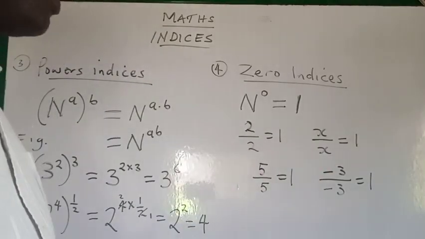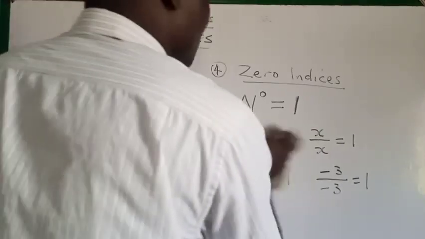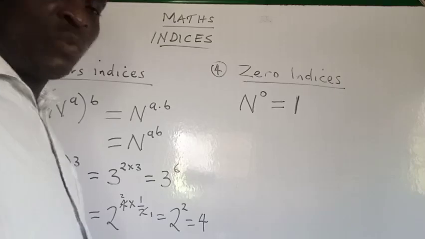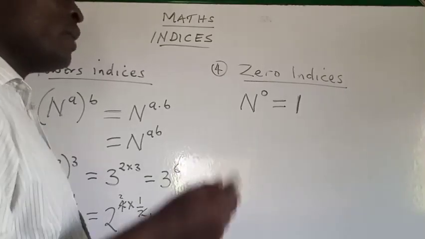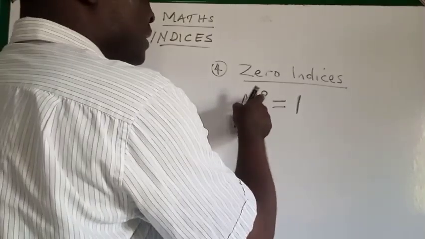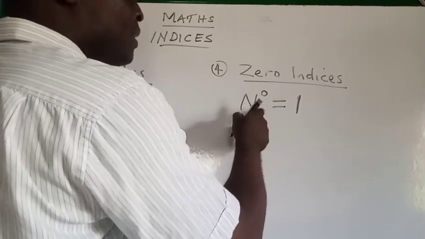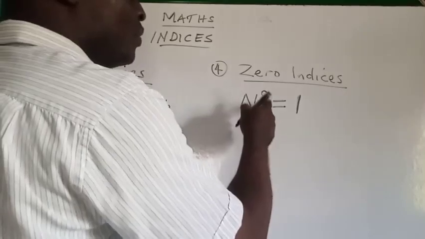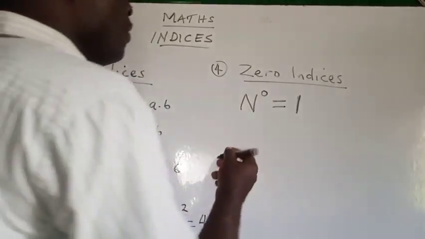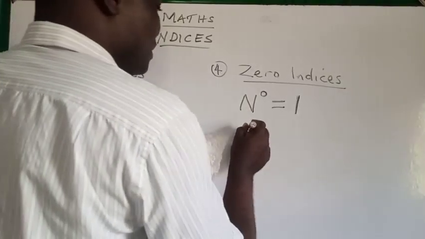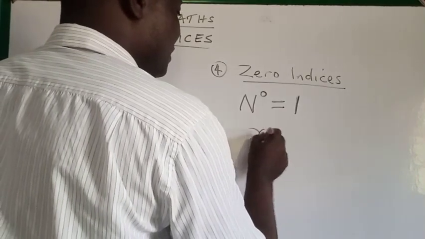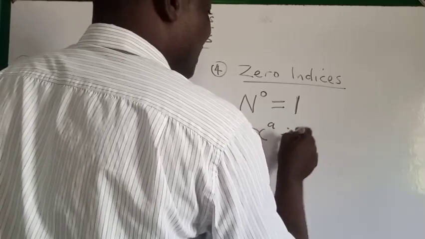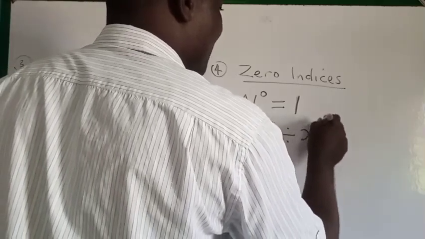So, let us look at the proof for the law on the board, which says that zero index is equal to 1. That is, any number raised to 0 is equal to 1. Now look at this number, x raised to power a divided by x raised to power a.